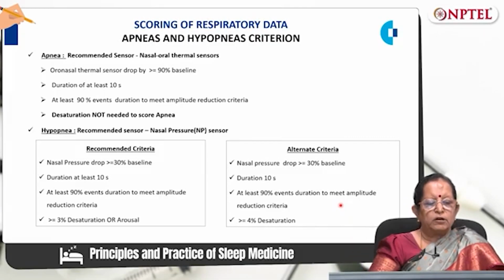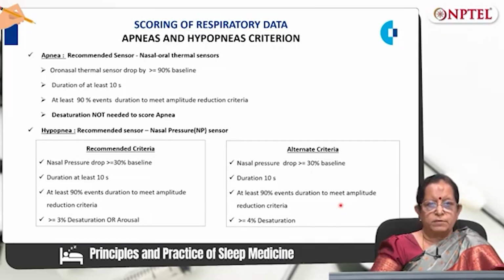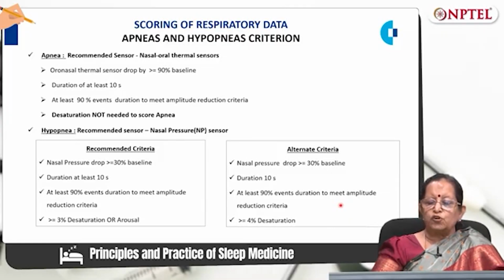Now coming to the terminology hypopnea. Here the recommended sensor is the nasal pressure sensor. For apnea, the recommended sensor is the nasal oral thermal sensor. Hypopnea, recommended criteria: the latest criteria as per the American Academy of Sleep Medicine 2023 is that nasal pressure drop should be more than 30% of baseline.